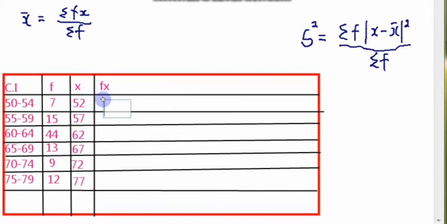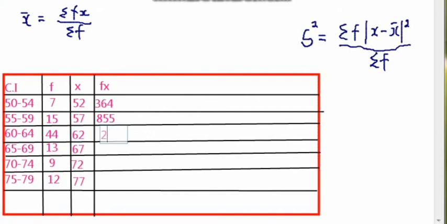So 7 times 52 is 364. On the second row, we have 15 times 57, which is 855. Third row, 44 times 62.